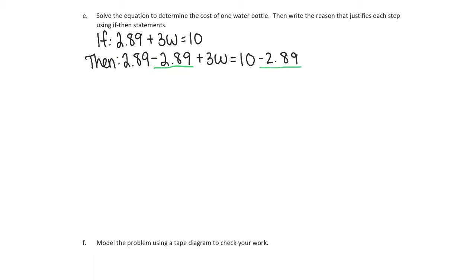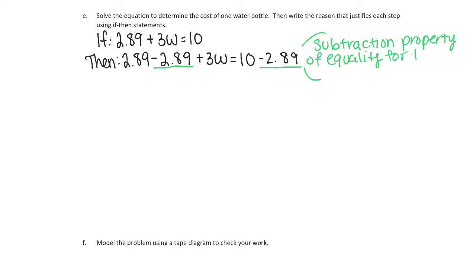And again, this is the subtraction property of equality for the additive inverse of 2.89.